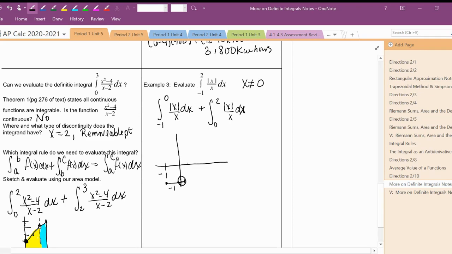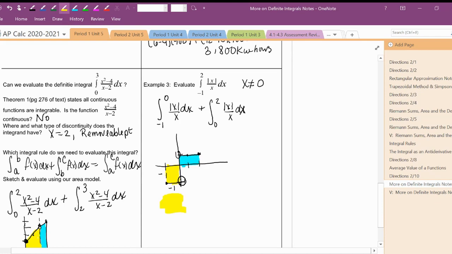But then at 1, 1 divided by 1 is 1. 2 divided by 2 is 1. And now my two areas, this one is going to be a square, and this one is a rectangle.